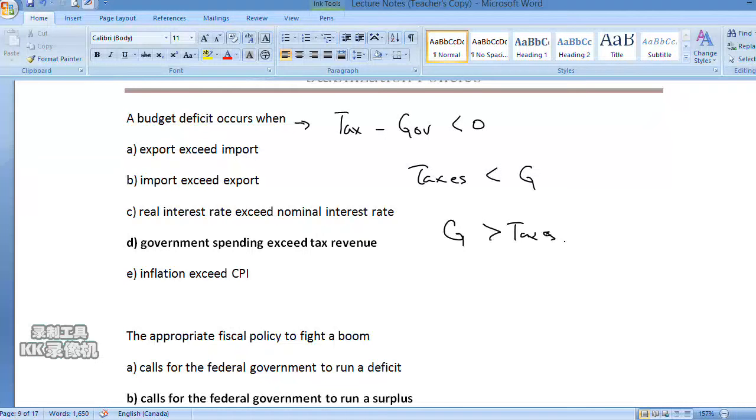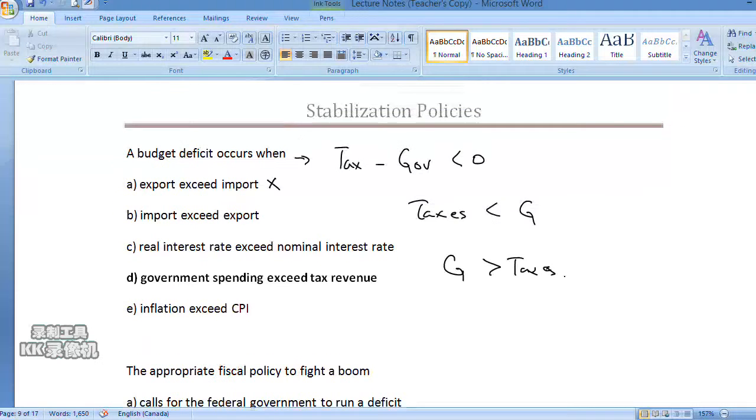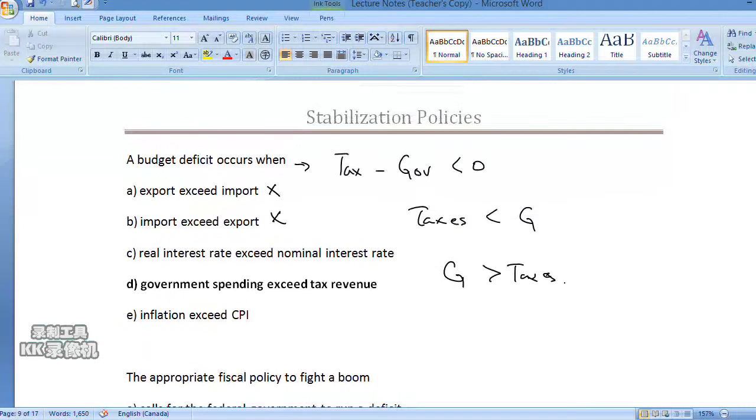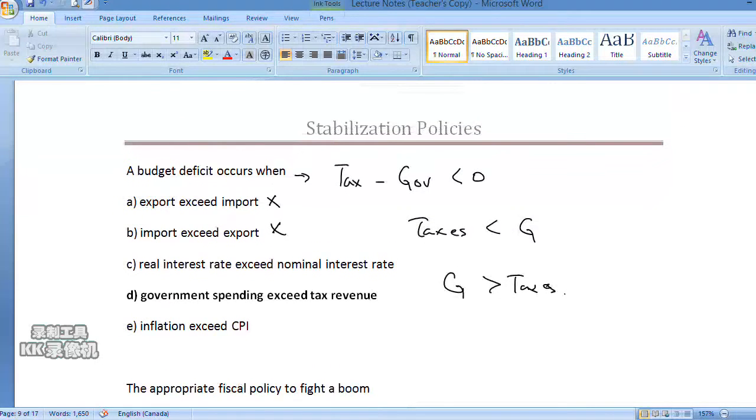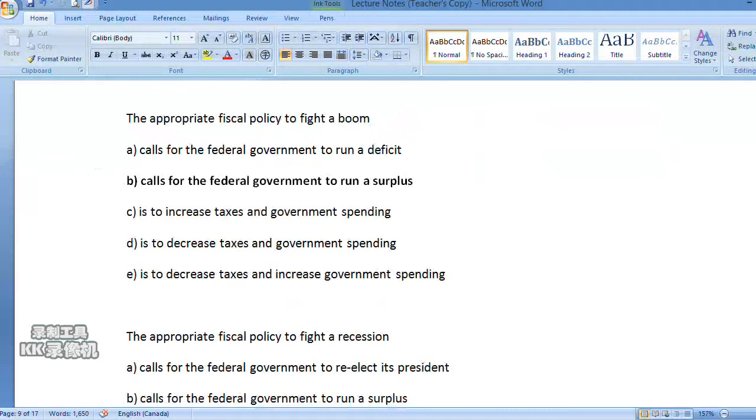So export, no. Import, no. Real interest rate, no. Government spending exceeds tax revenue, yes. So whenever government spends more than they collect, they will be running into a budget deficit. The appropriate fiscal policy to fight a boom, so inflationary gap.